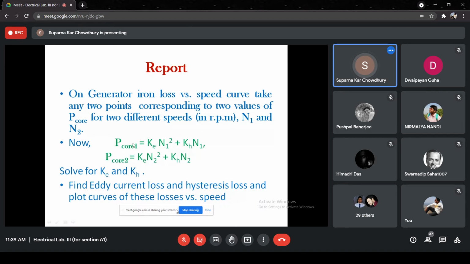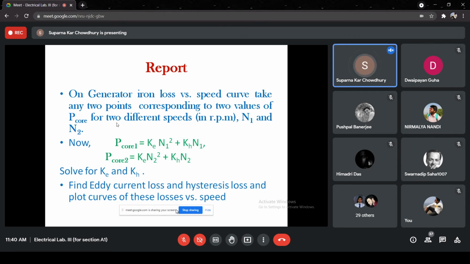So in the core loss we have two components, eddy current and hysteresis. Now we know this eddy current loss is proportional to the frequency square and flux density square, and the hysteresis loss is proportional to the frequency into flux density to the power 1.2 to 1.3, which is Steinmetz's constant.